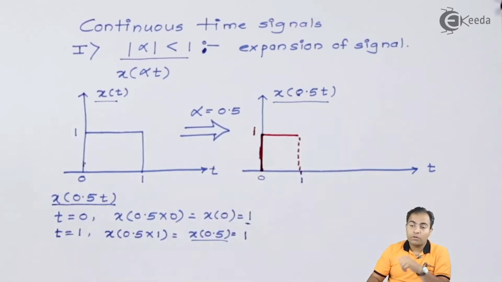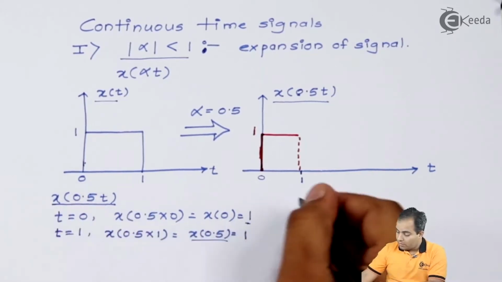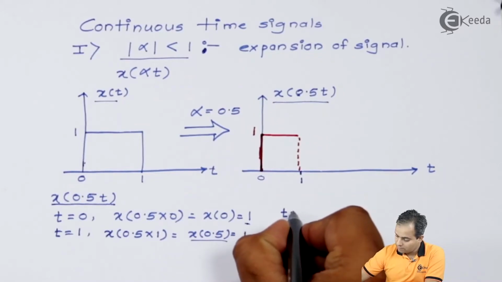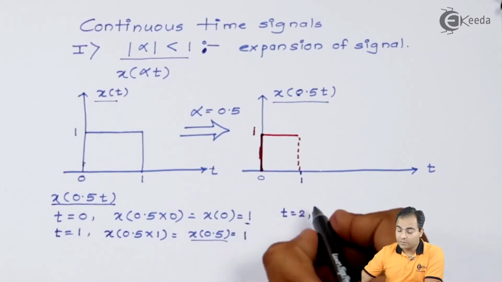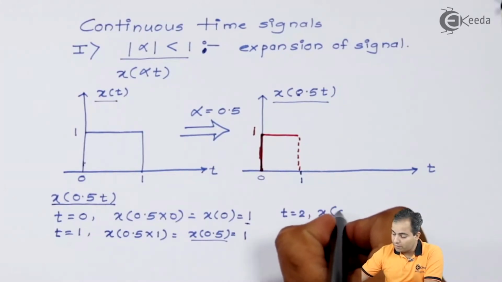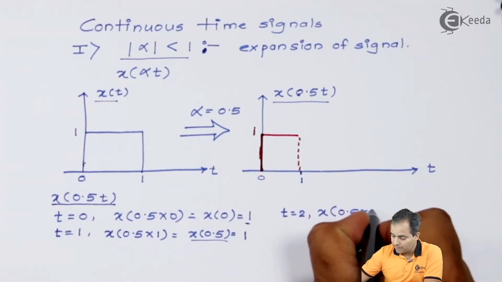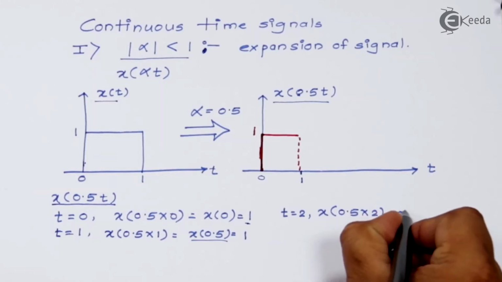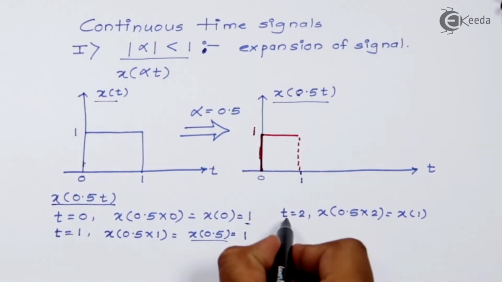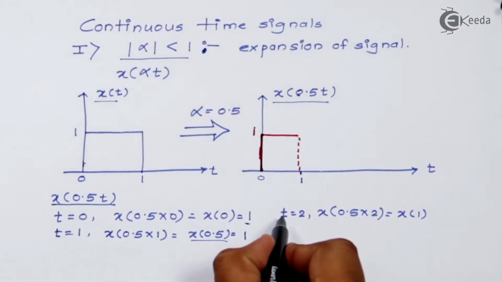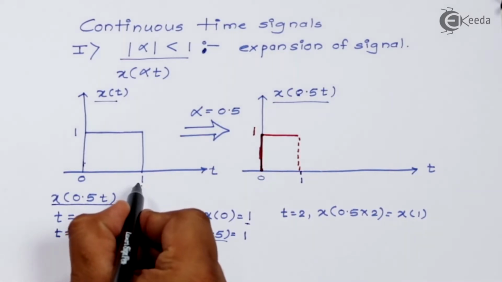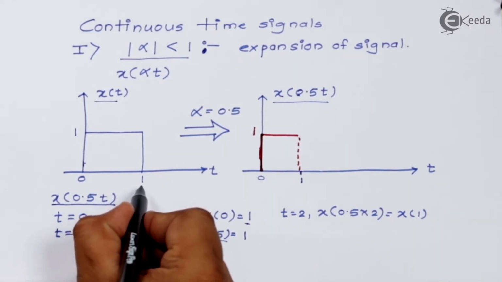Now what after that? Now we'll substitute t equals 2. This function will give a value of x of 1. As I told you earlier, you have to substitute the values of t till x of 1 appears. Till that time you have to calculate.